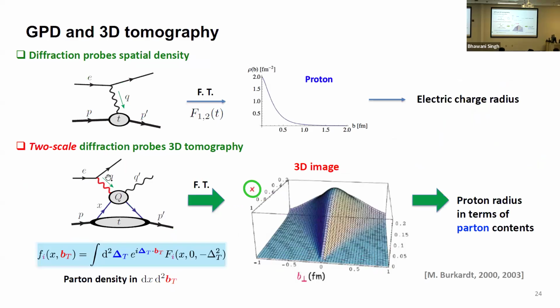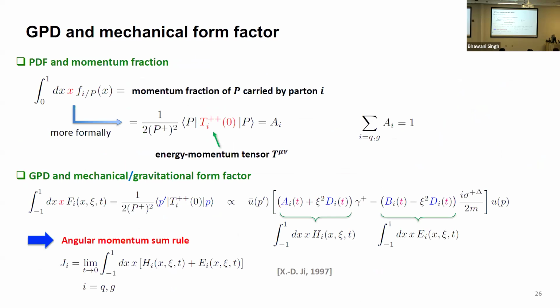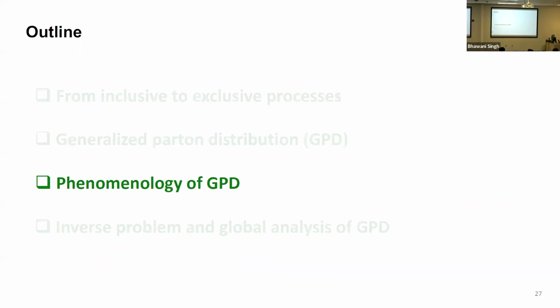We have seen that GPDs contain intriguing physical pictures by giving us a 3D image of the partons inside the proton. That's why we are interested in measuring them. They can also give us the angular momentum contribution from each flavor of the partons.